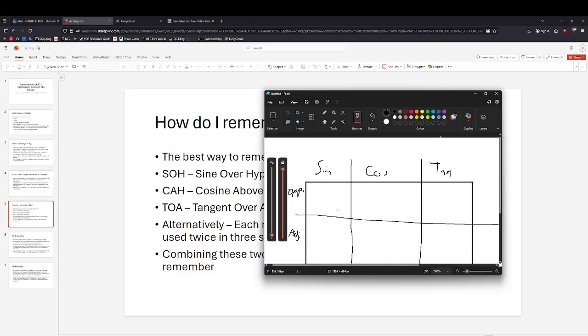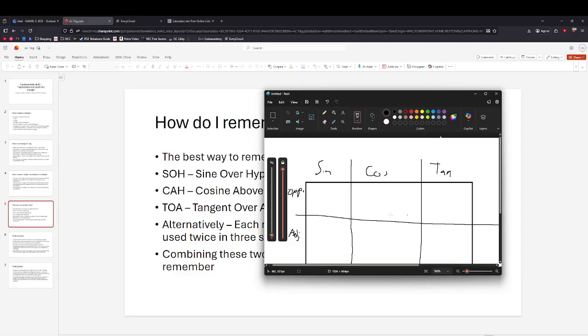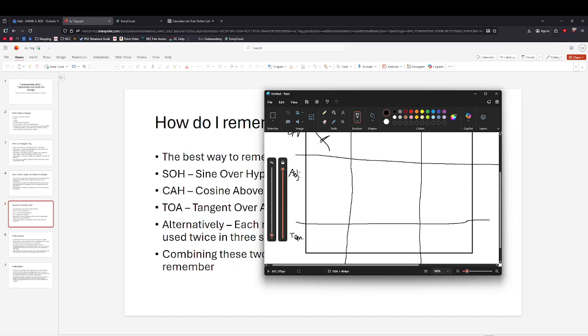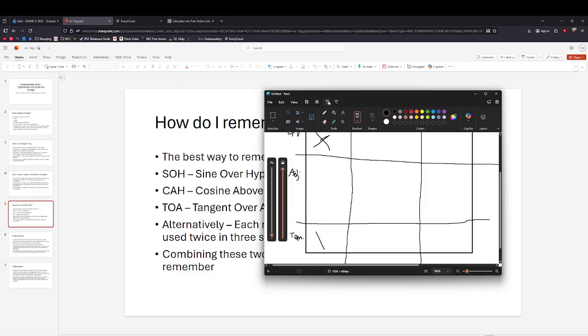The way that this works is in each column, only 2 spots can be filled out, and same thing goes for the row, only 2 spots can be filled out. So your sine is your opposite, and, I did that wrong. Let me just fix this real quick.